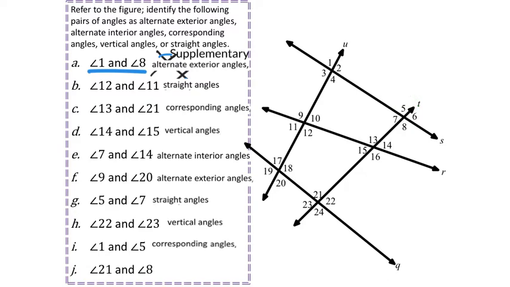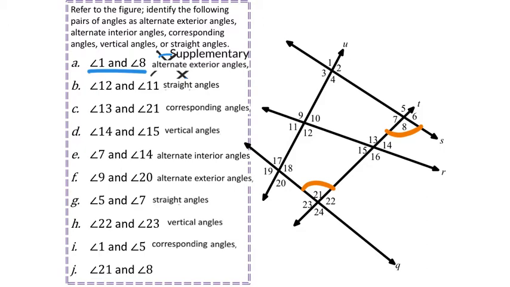And finally, angles 21 and 8. Here's angle 21, here's angle 8. And a lot of students in this one get confused by this line R. Again, we're ignoring it because it's not part of our angles, right? But I do see that angle 8 and 21 are connected with this line T, which means it is our transversal.